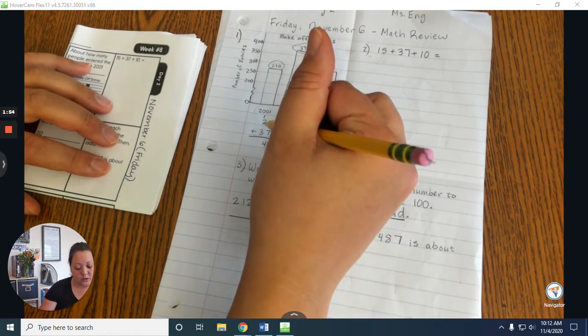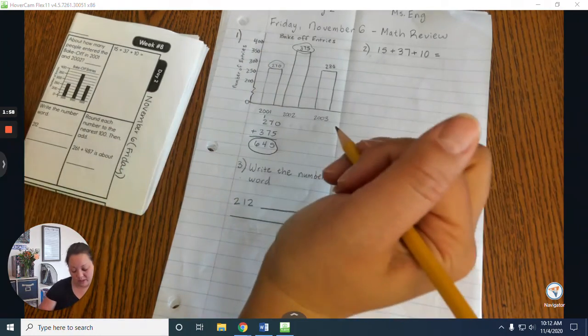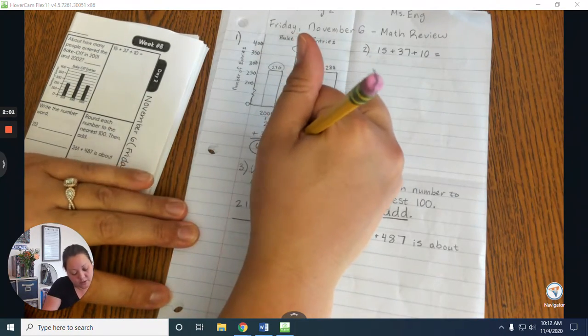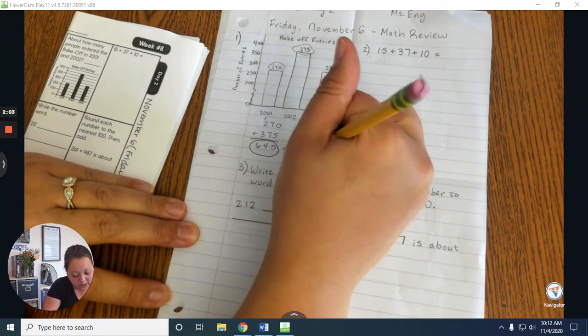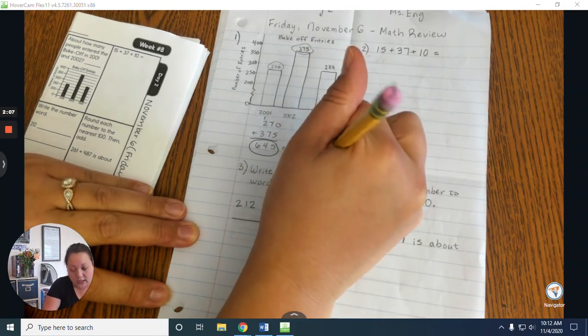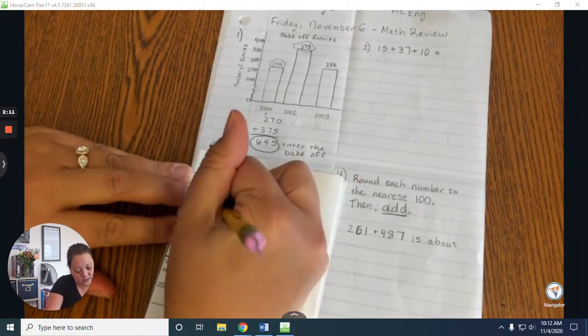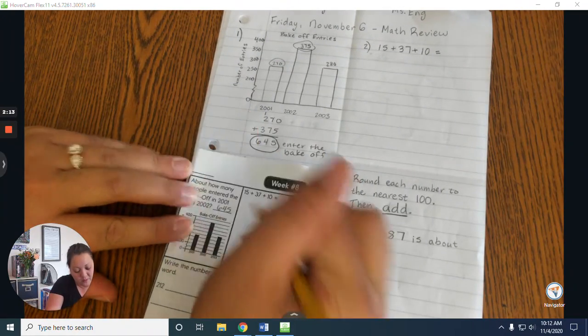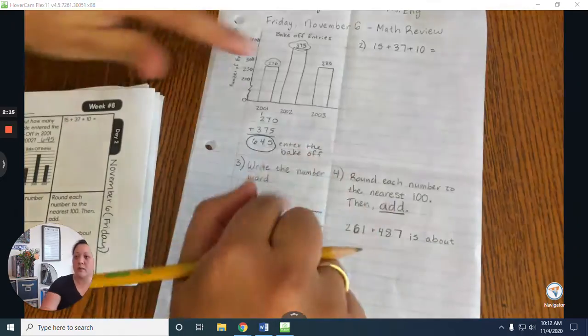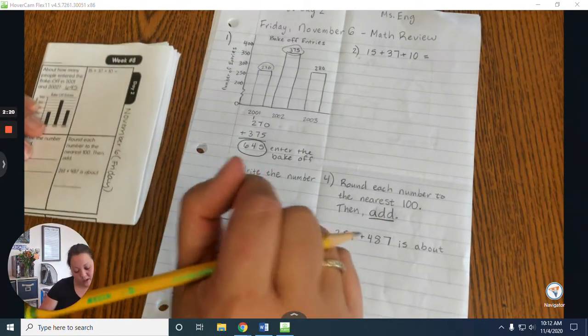And then 1 plus 2 is 3, plus 3 is 6, so about 645 people entered the Bake Off. Okay, so right here on my notes, I'm going to put 645. Again, you don't have to mark all of these things out, but I do need to see clearly your work.